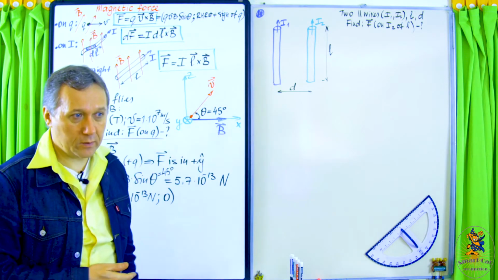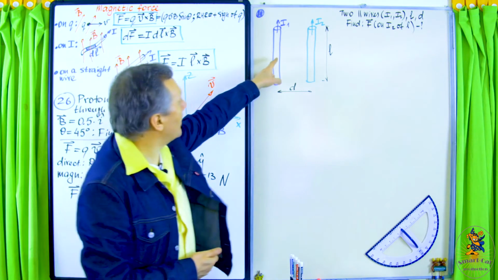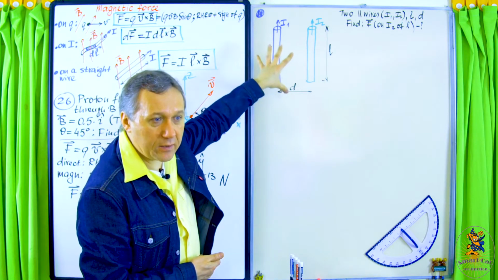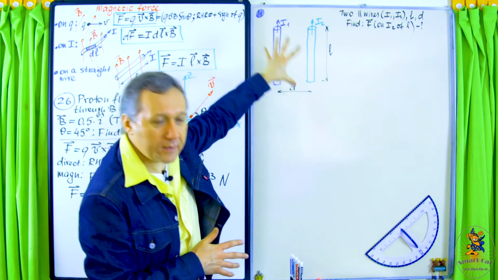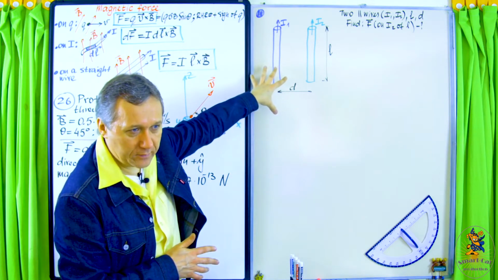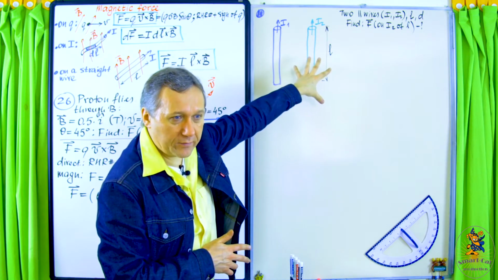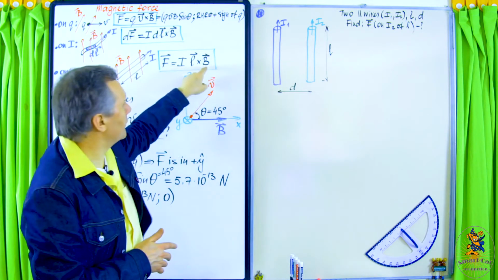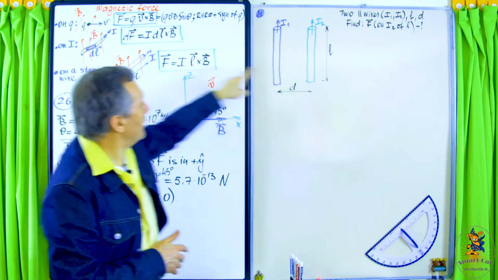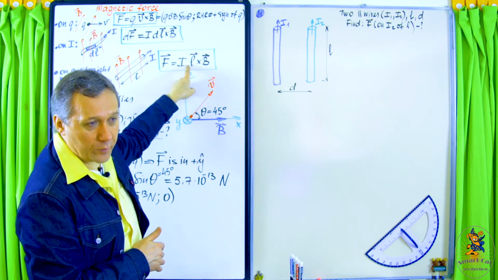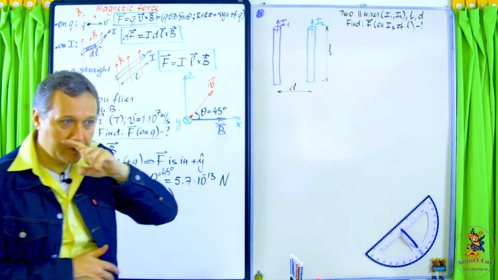Obviously current I1 is going to create the magnetic field. So this is the source, and wire I2 is exposed to that magnetic field.